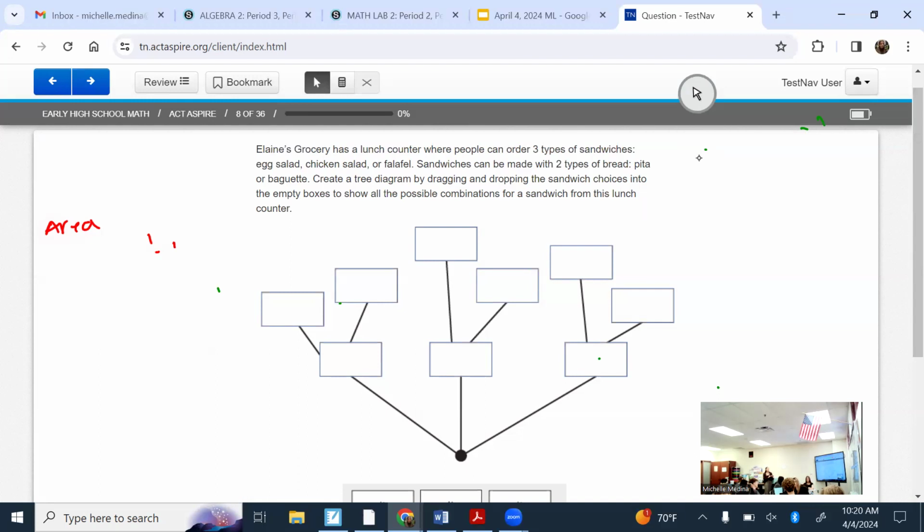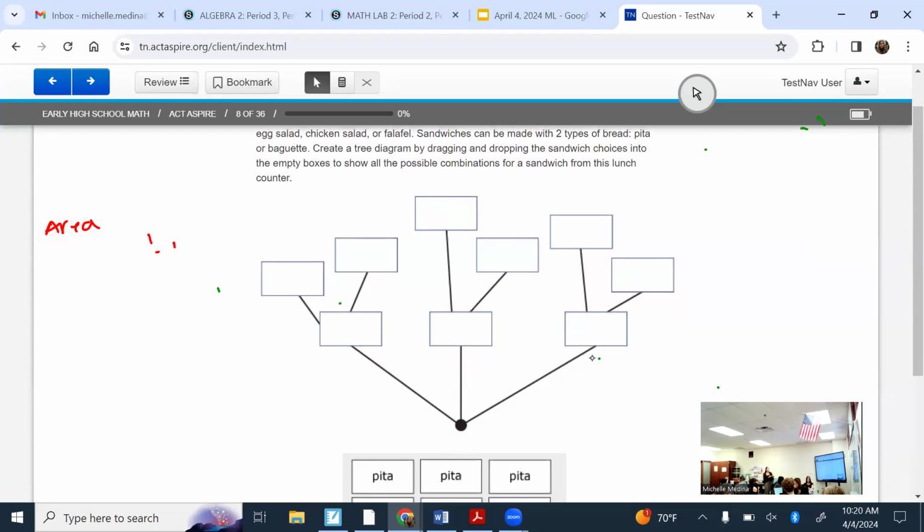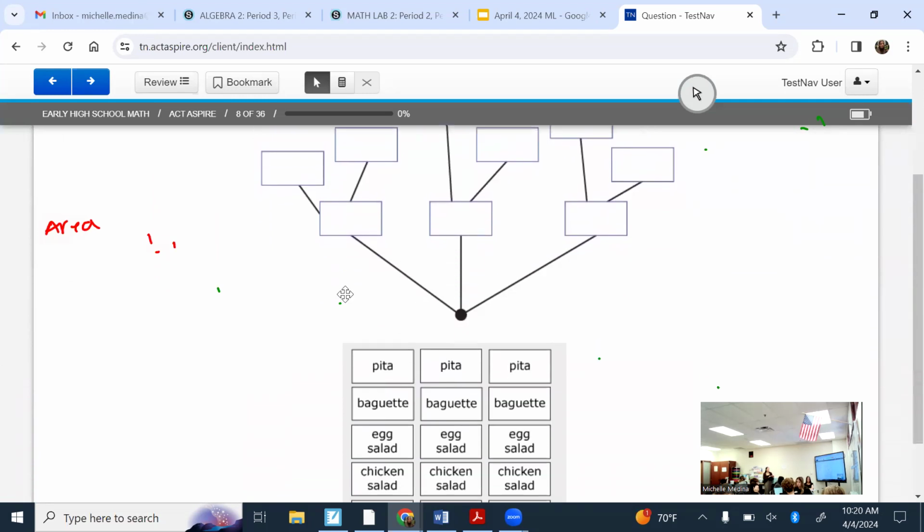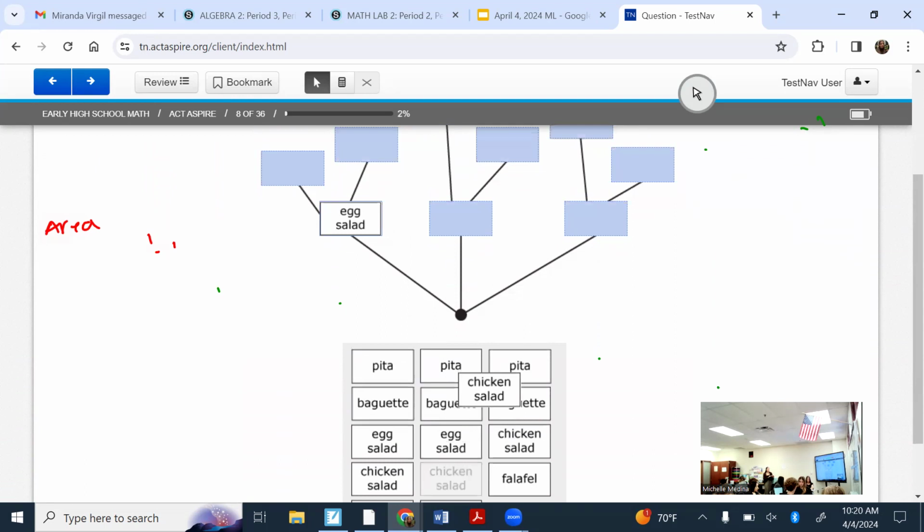So the 3 types of sandwiches. I wouldn't want to put the 2 types of bread because then what would have to go here? I wouldn't know. So I'd have to put the 3 different types of sandwiches, which they said were egg salad, chicken salad, and falafel.